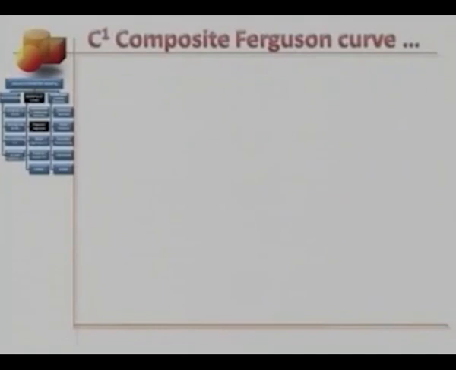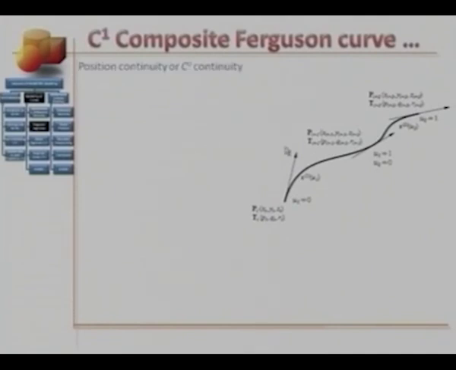Now, C1 composite Ferguson curve, or C1 continuous composite Ferguson curve. Let's keep this diagram here. Notice that this point is common between these two segments, R super 1 and R super 2. For position continuity or C0 continuity, we need that the junction point between the two segments is the same.